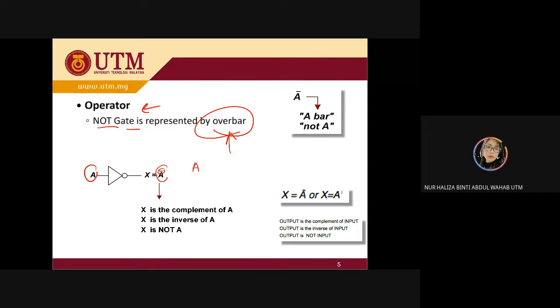For A bar, sometimes you can also have a prime over here, but rarely we use this. We always use this kind of representation. And you can see X is a complement of A. X is an inverse of A. X is a NOT A.